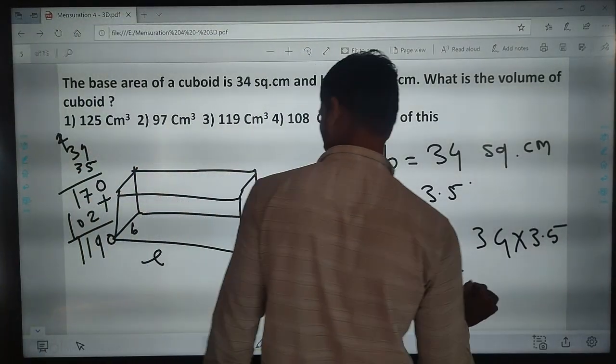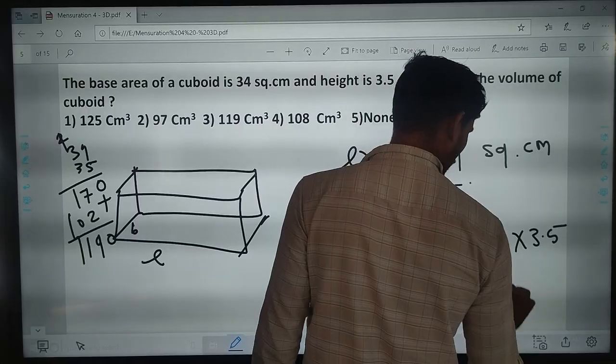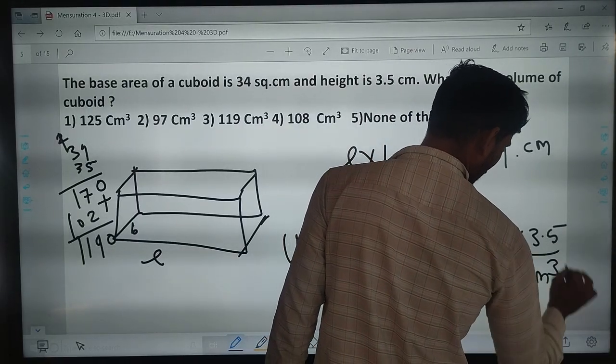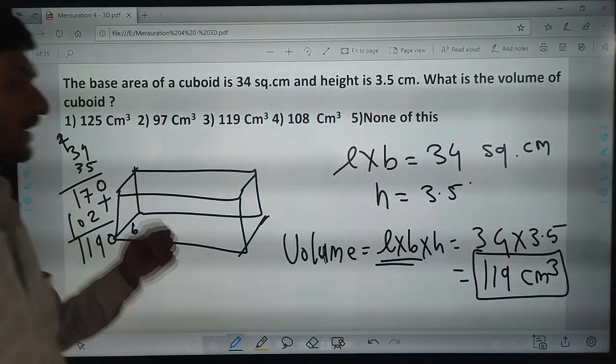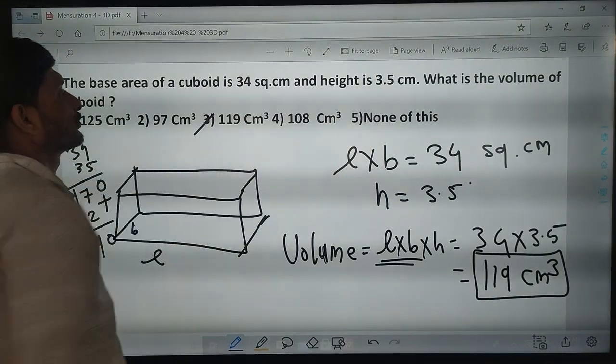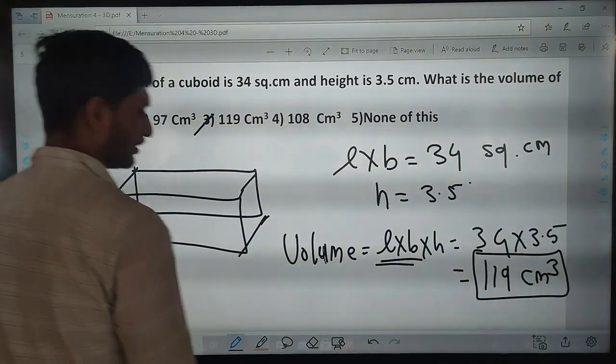That is 119 centimeter cube. Your answer is 119 centimeter cube.